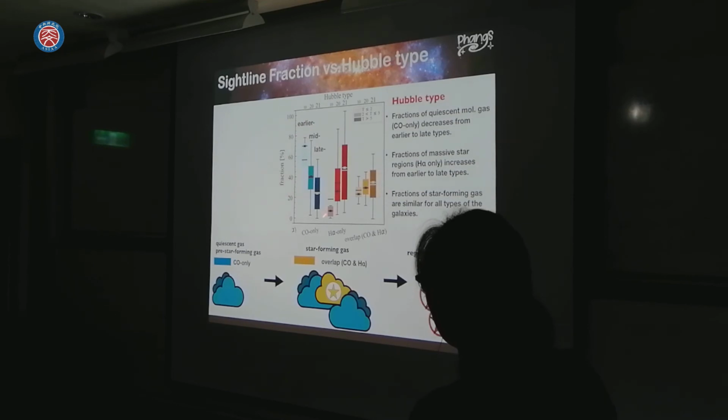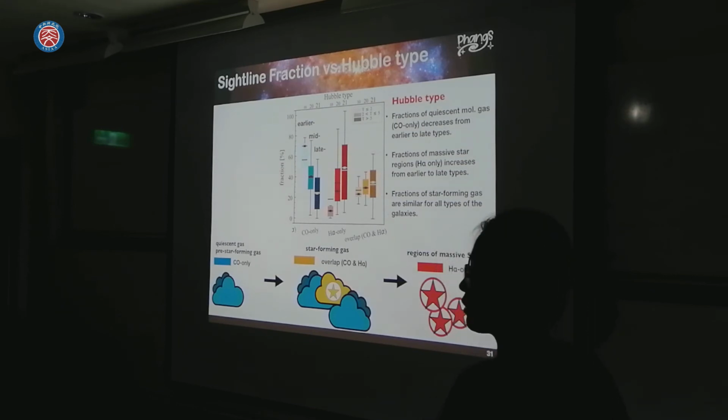For example, for the CO only sightlines, that's in blue color. The darker the color, the later the morphology. So the fraction of this quiescent molecular gas decreases from early to late type galaxies. And the fraction of massive star regions increases from early to late type galaxies. And the fraction of star forming gas is similar for all types of galaxies.